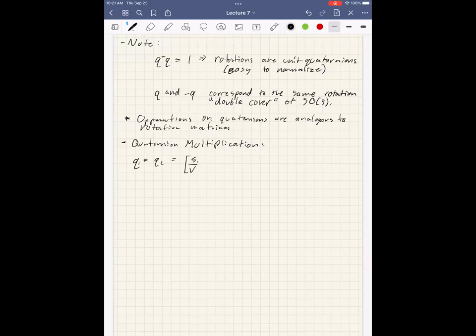I'm going to use this star, asterisk, for quaternion multiply. So here, these two multiply together. Here's what it looks like in terms of the scalar and vector parts. It's scalar times scalar minus the dot product of the vectors up top, and then scalar times vector plus scalar times vector plus the cross product of the vector parts.